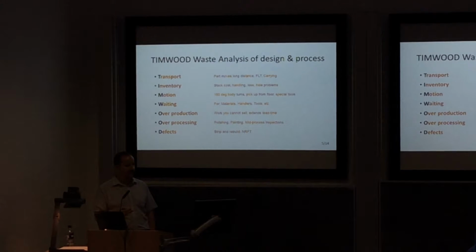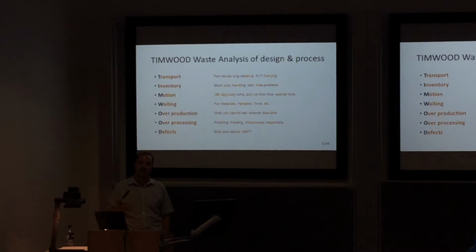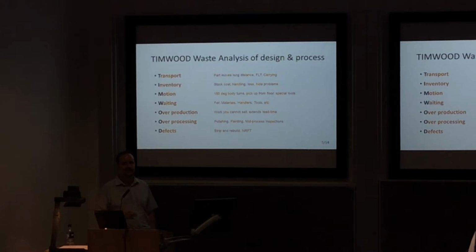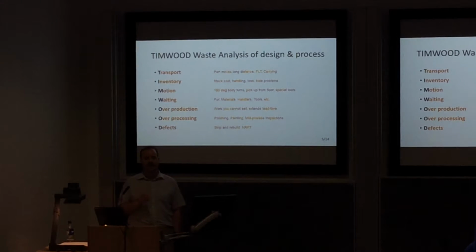Overproduction, similar to inventory and stocking. If you make too many parts which you cannot actually sell, again, all the money, all the cost is tied up with these components, and you're not bringing the money back into the business, and you can't invest. Over-processing, slightly different. We call it over-engineering. In Glasgow, there is a term called Clyde Built, and it means good quality.